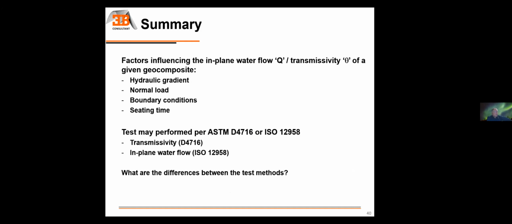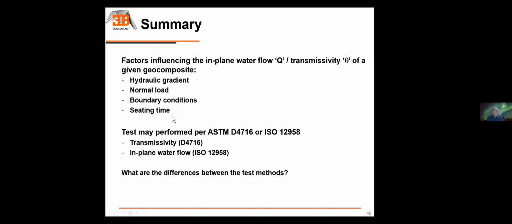You cannot use a value which was measured between two rigid plates and consider it can be modified to get a number that can be used when the boundaries are soil or something else. So it's really values which are specific to these boundary conditions, normal load, seating time, and so on. And the test may be performed by either ASTM D4716 or ISO 12958.